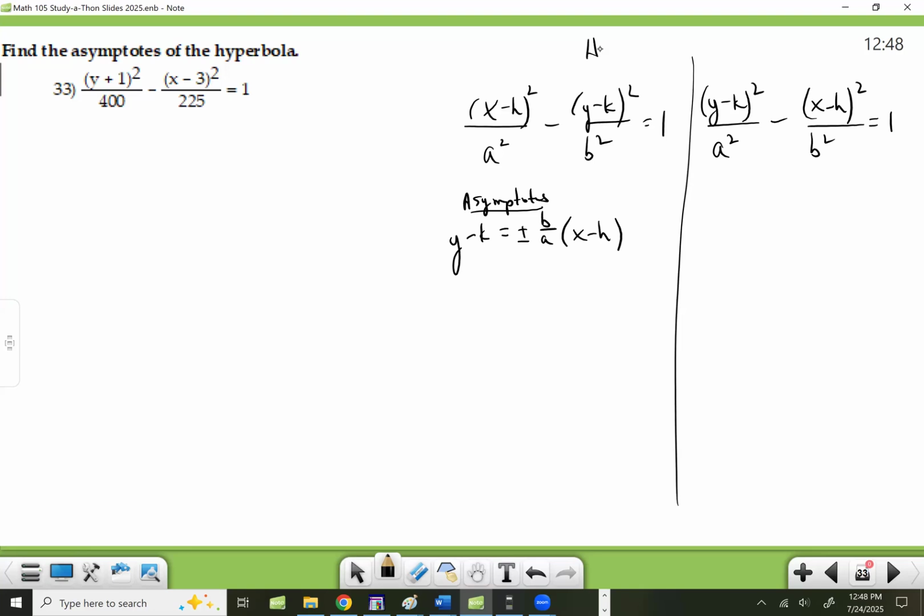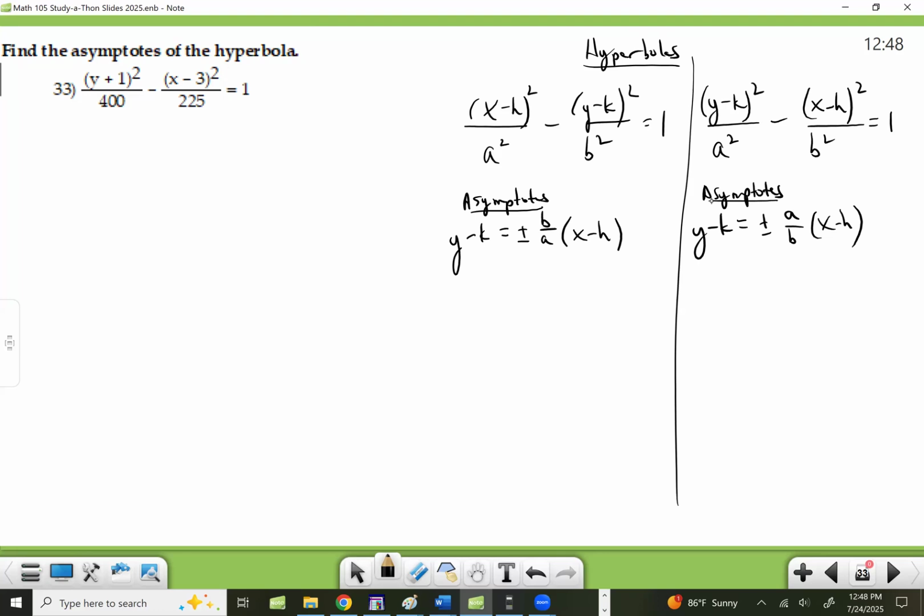In the event that the y is first, nothing much changes except instead of b over a, it's a over b. If you have these on your note card, you will be good to go on this problem. It won't be very tough. So let's go ahead and look.